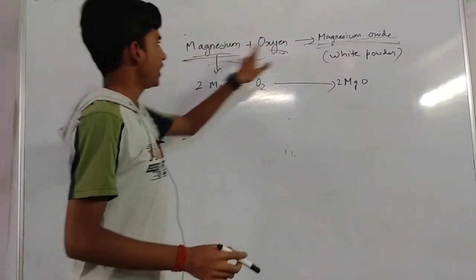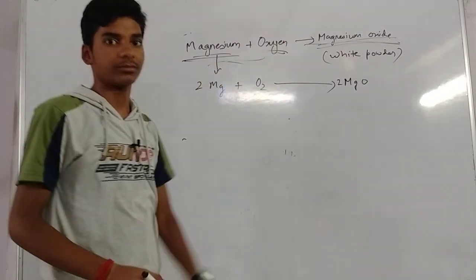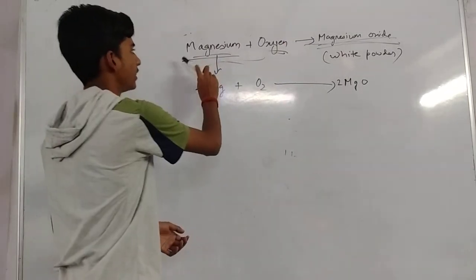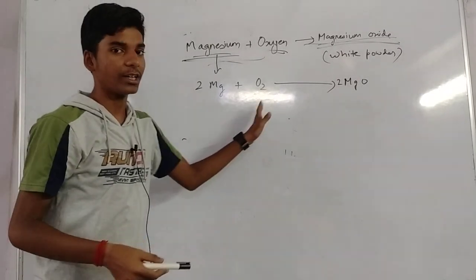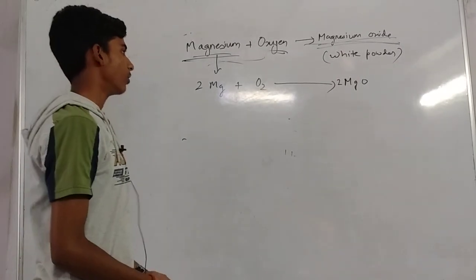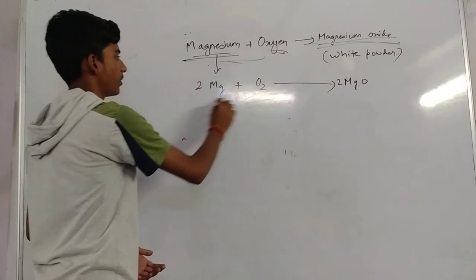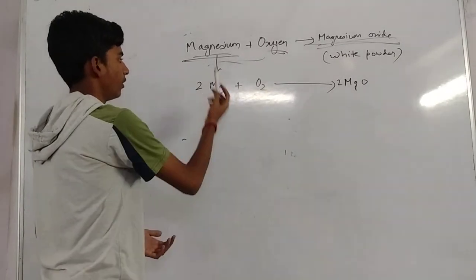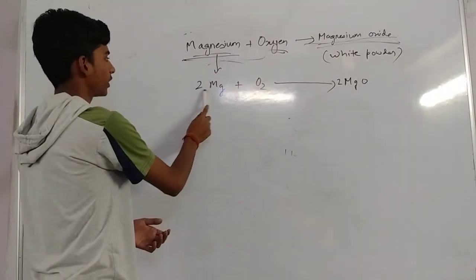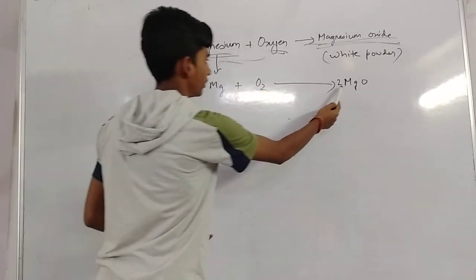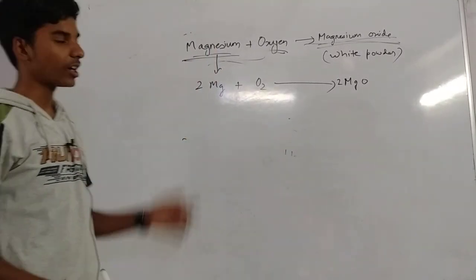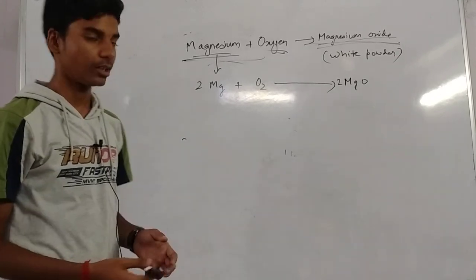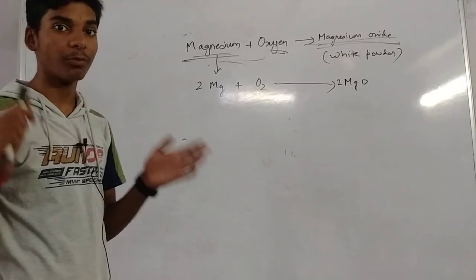So this is called a word equation, and when we write the same equation in the form of symbols, it is called a chemical equation. Now, this is a chemical equation. You might be thinking, what is this 2 here? These are coefficients. This is done to balance the equations. So now we will see how to balance the equation.